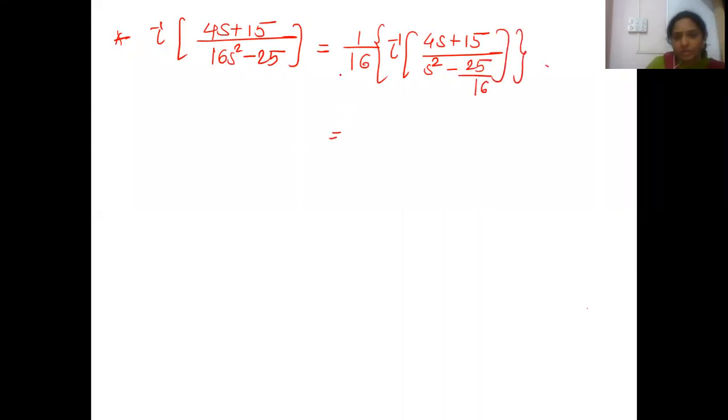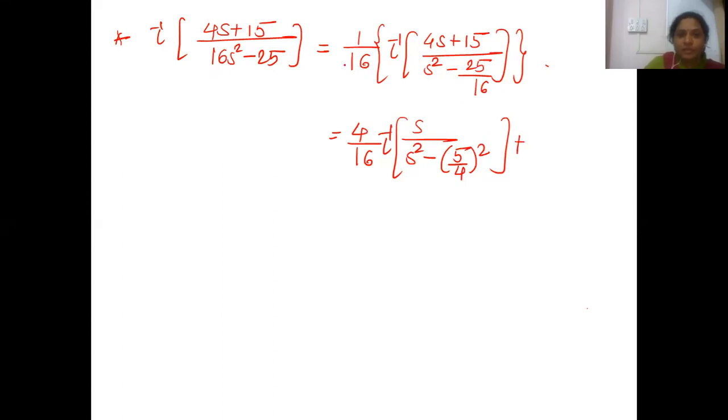Now we can separate, and 1 by 16 is for both. From this, 4 will come out. So 4 by 16 into Laplace inverse of s upon s square minus 5 by 4 square, since 25 by 16 means 5 by 4 square.